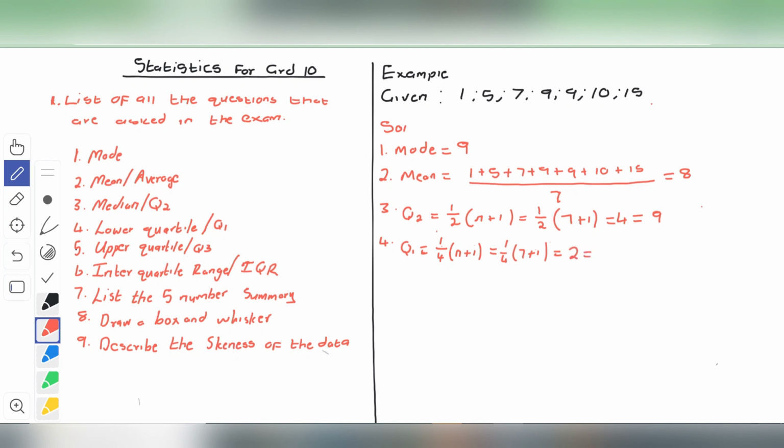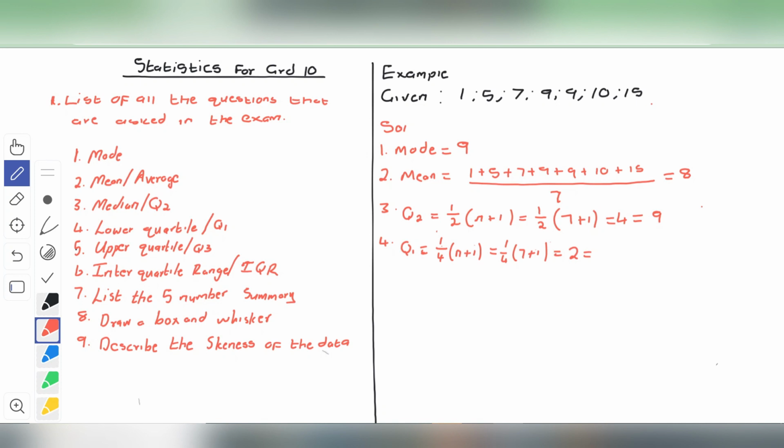Right? So whenever it gives us 2, remember that we are not done. After finding this 2, it tells us that the Q1 is in the second position. So we're going to count. The first position is 1, the second position is 5.